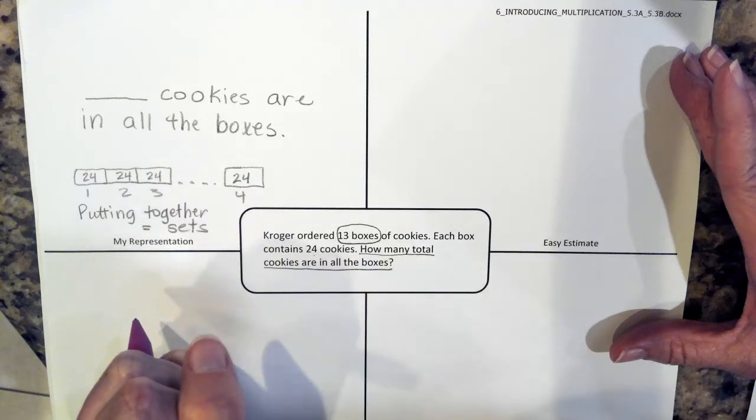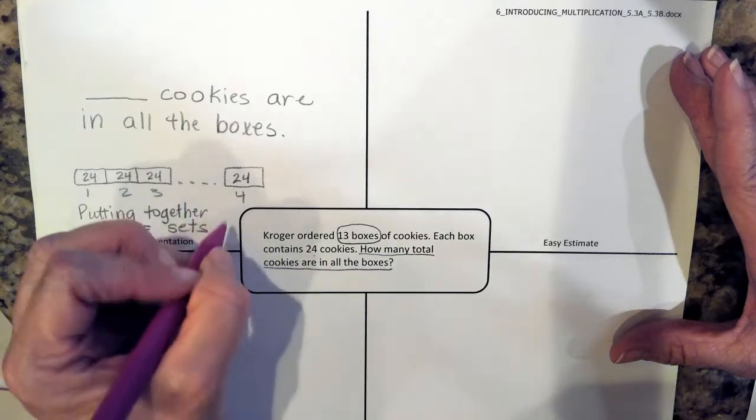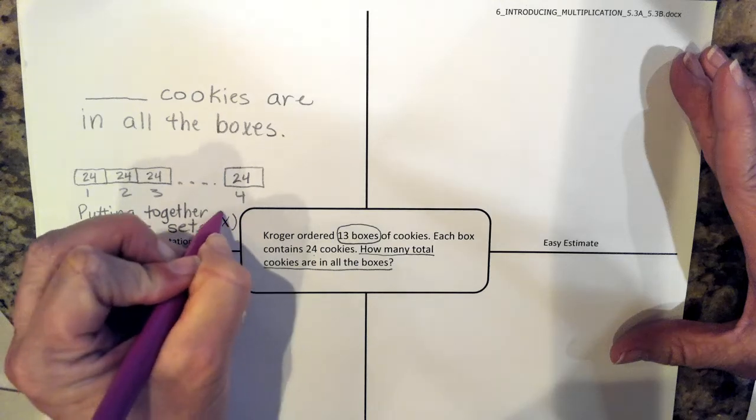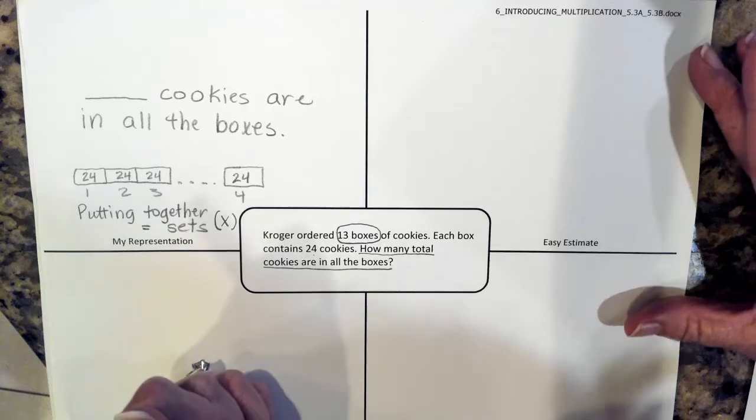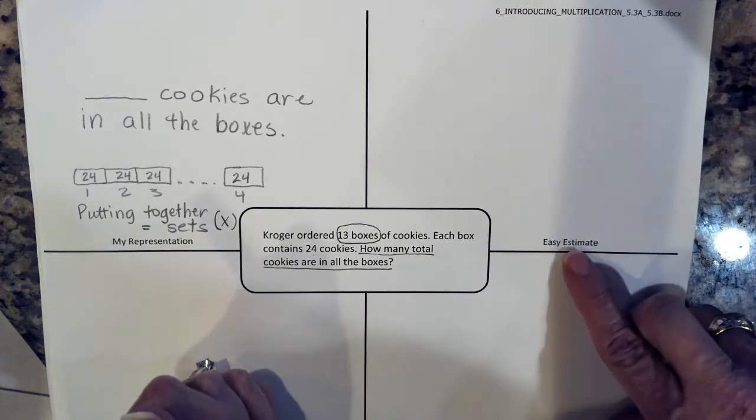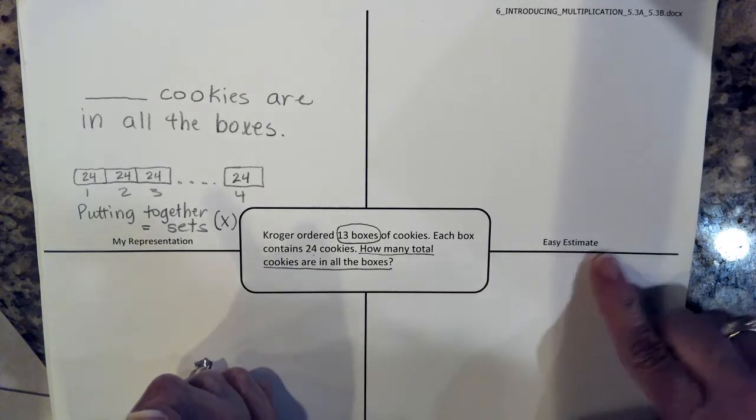And repeated addition means that we can simply use multiplication as a faster, more efficient way to find the answer.